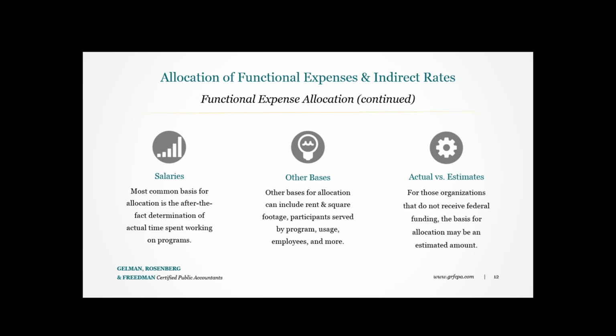One of the things that we see a lot, especially for organizations that might have a little bit more complexity, have multiple locations, have multiple field offices or departments, and this department is 100% dedicated to programmatic activity on this grant.